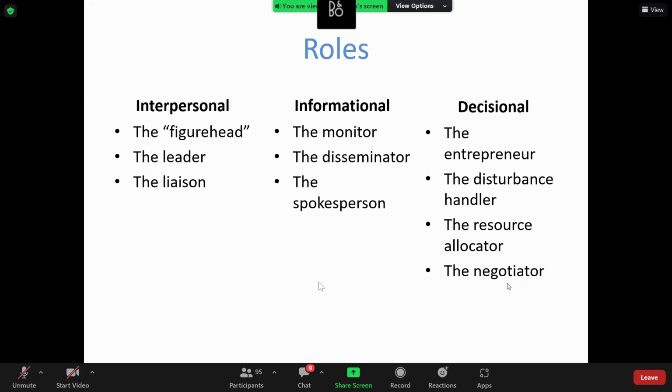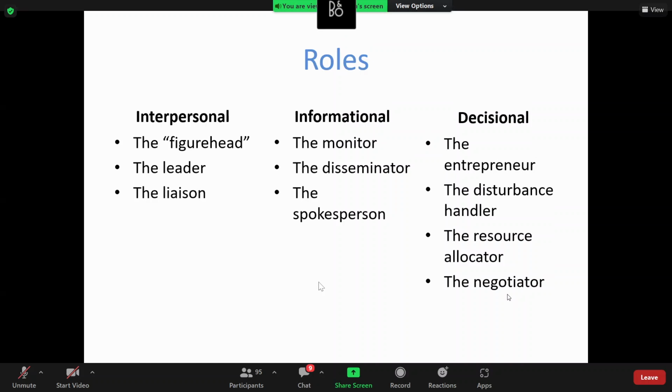Then the last one is negotiator. You have to negotiate, maybe within your team or outside your team, for better deals, for low prices, for quality prices, for employee salaries. So you should do the negotiation within and outside the organization.